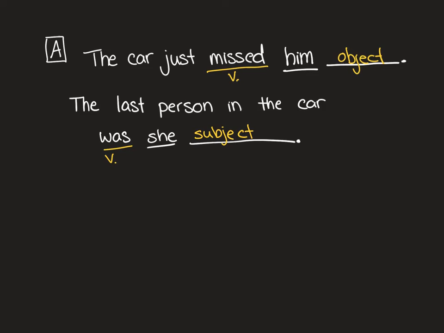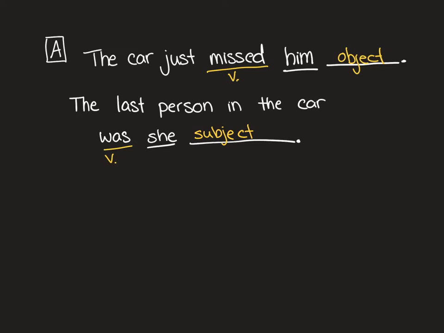So that's our first clue that it's a subject. The other thing is, who or what is the sentence about? The sentence is not about the car. The sentence is about she, and that she was the last person in the car. The fact that you could also flip it around and keep it with she tells you it's the subject. She was the last person in the car.